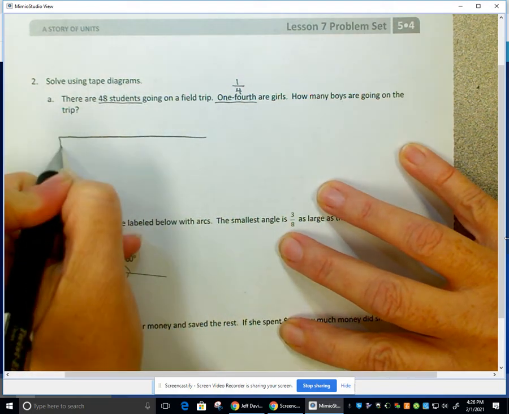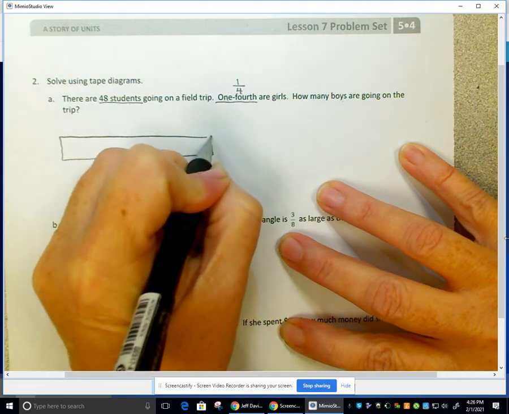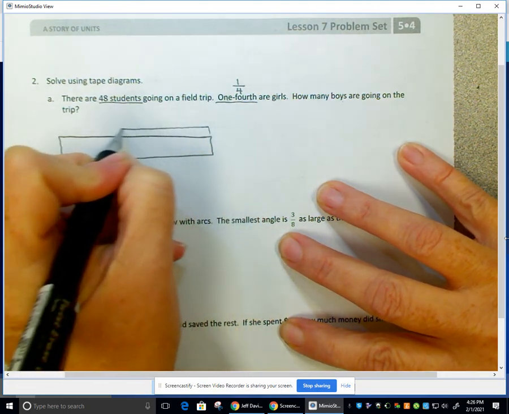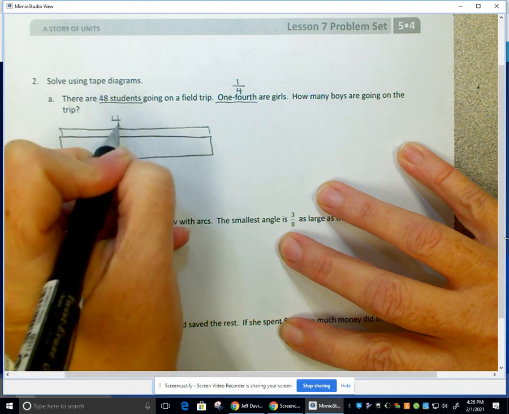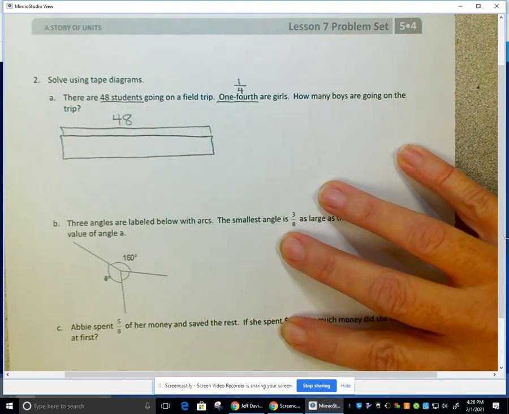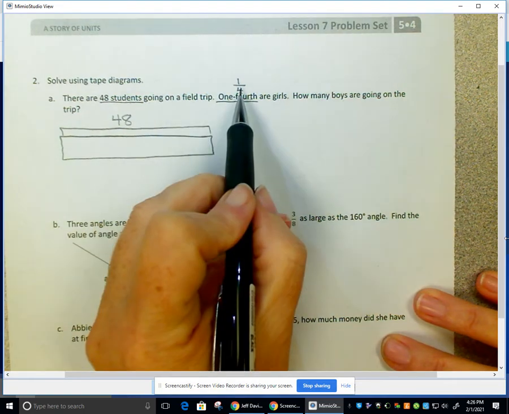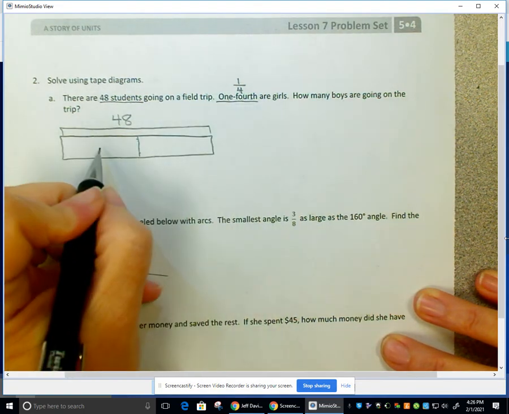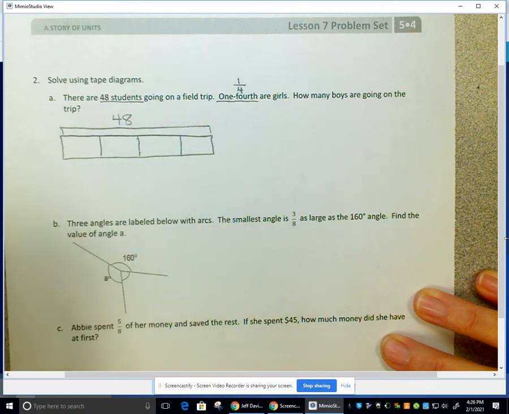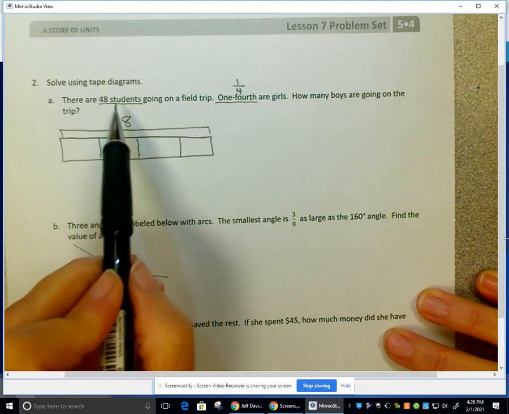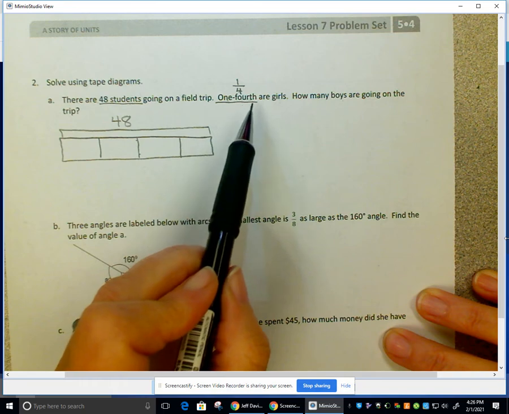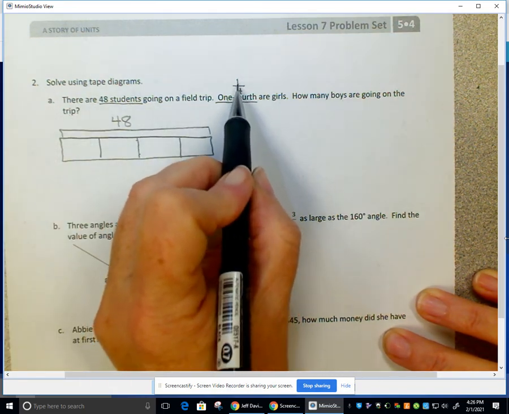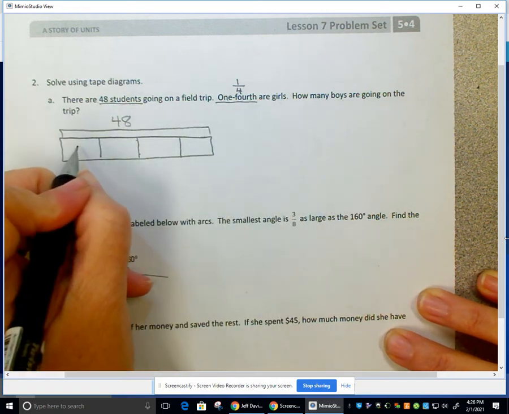So if I draw my tape diagram, I know that accounts for all 48 students, right? All 48 students. And we're fourthing it. So let me fourth this because it's in 4 groups. And it says one of the groups, 1 out of the 4, are girls.